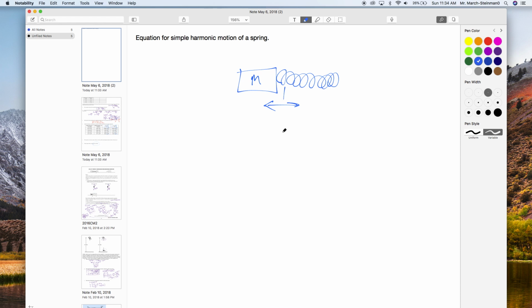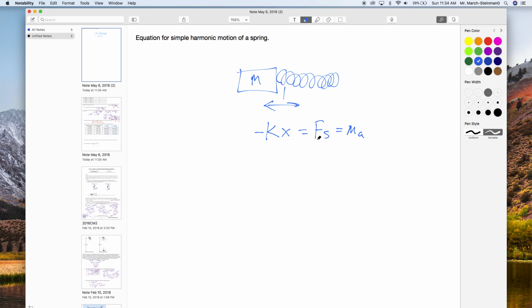Now, the distance away from the point is going to be the x value. So we know for sure that we can come up with some sort of differential equation here. We know that we have the force of the spring, which is equal to the mass times the acceleration on an object.